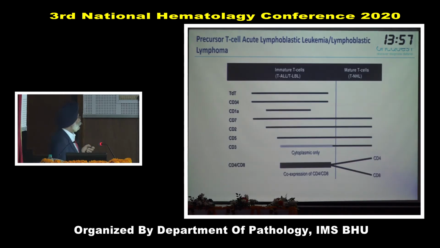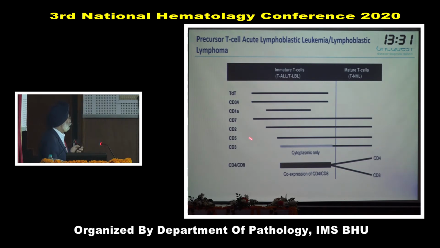Then we go on to T-ALL. Here again, TDT is positive in a good number, about 90% of the cases of T-ALL. CD1A, CD2, and now we know CD99. So CD99, CD1A, CD3, and TDT. These are the four markers which we must carry out in each case of suspected T-ALL.